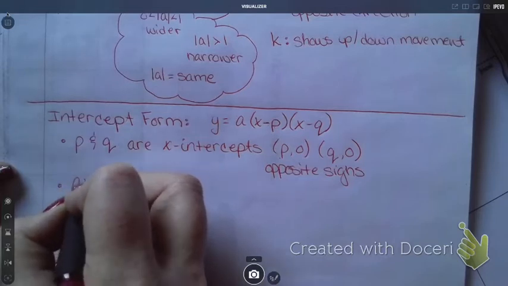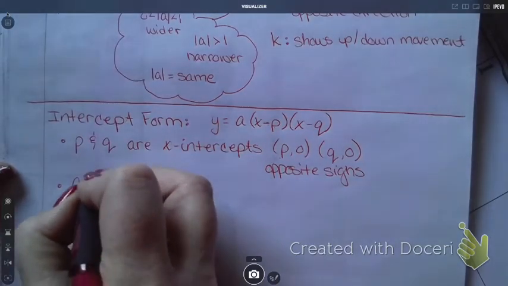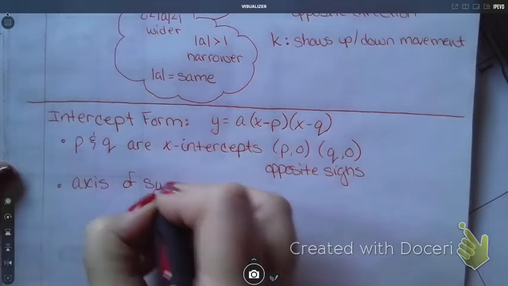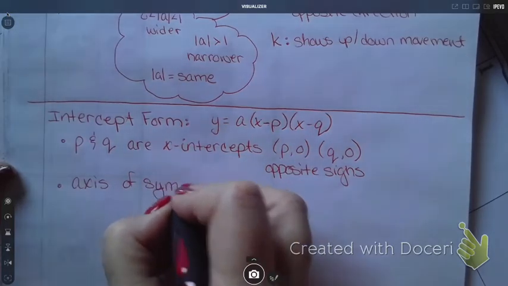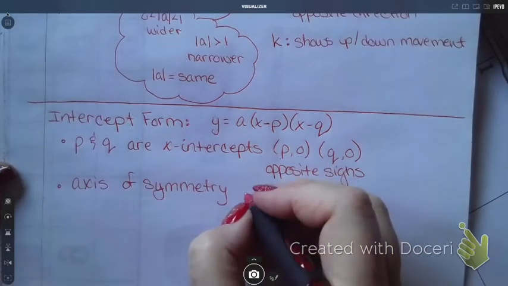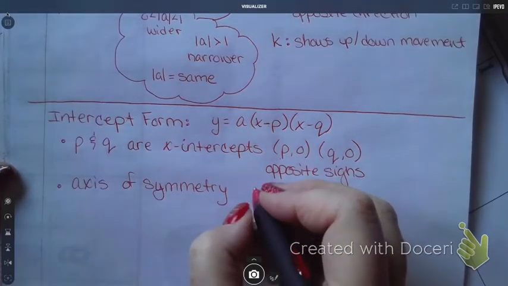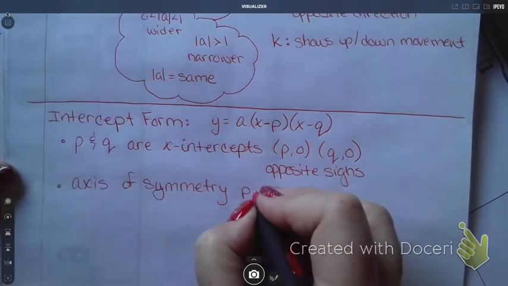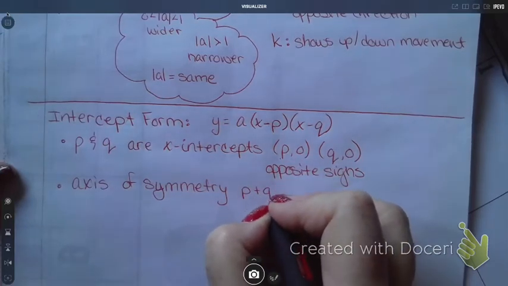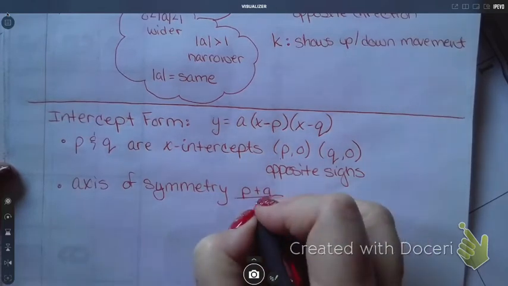The axis of symmetry is P plus Q, divided by 2.